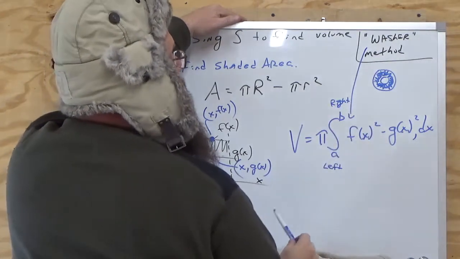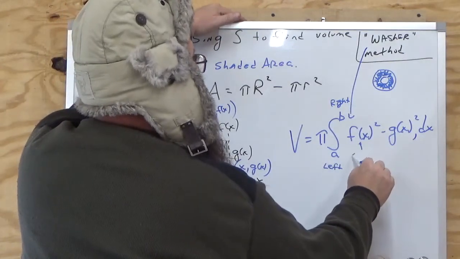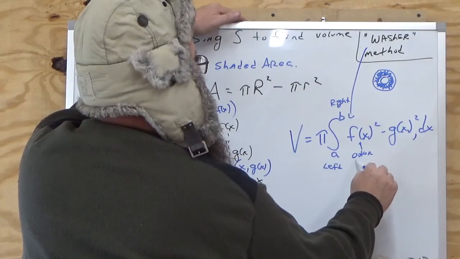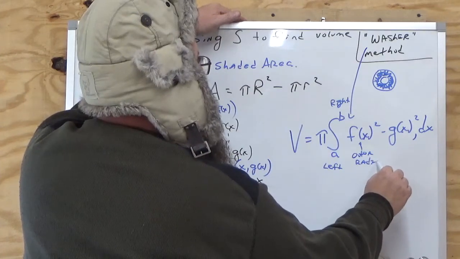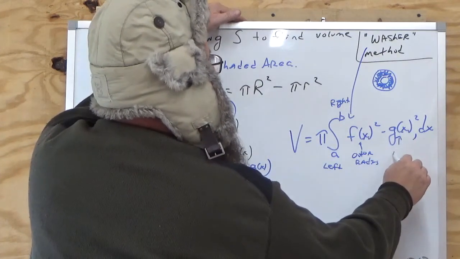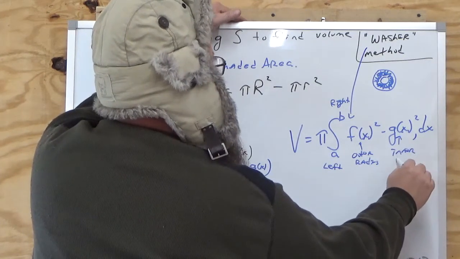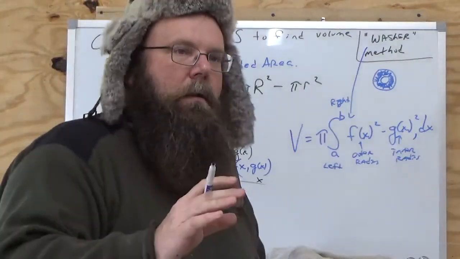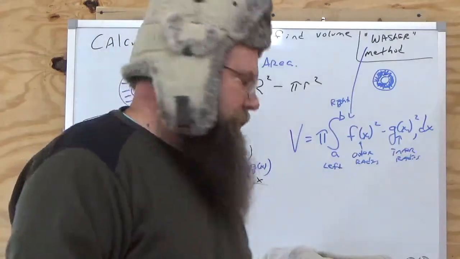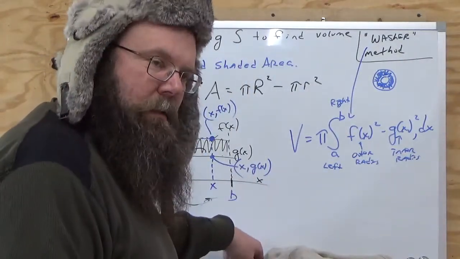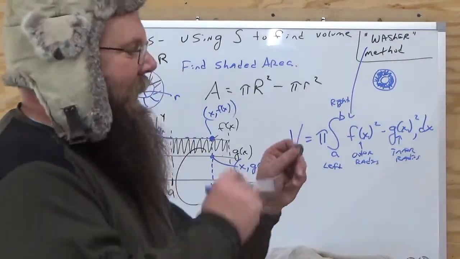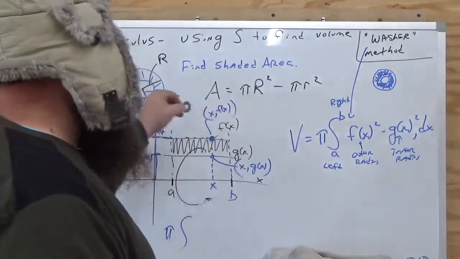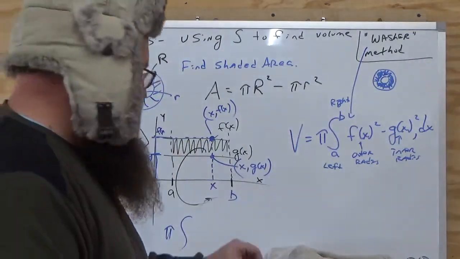F of x, this is the outer radius. G of x is what? The inner radius. I'm using outer and inner radius because, what method is it? The washer method, right? There's an outer radius and an inner radius, right? Up here in this circle.